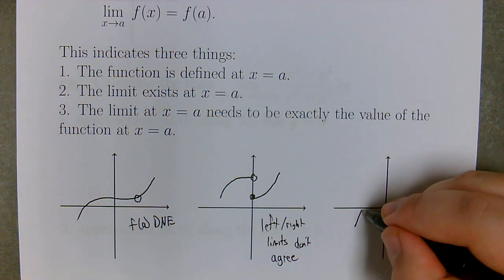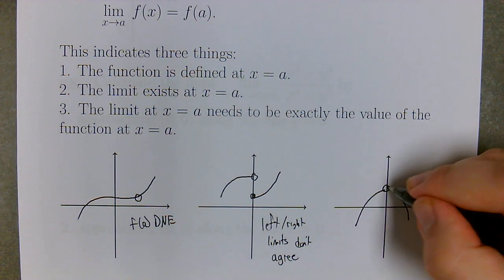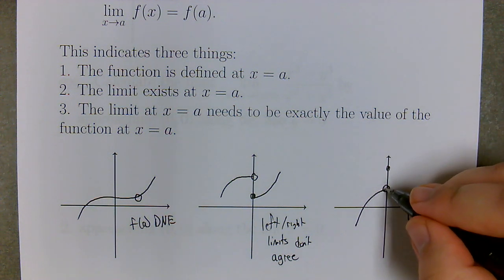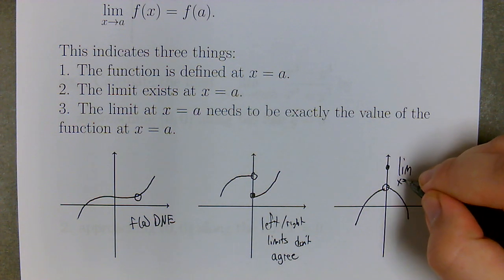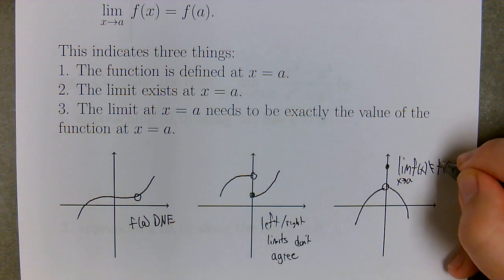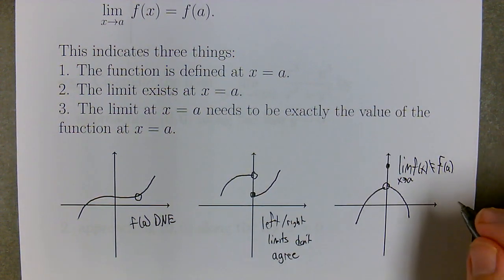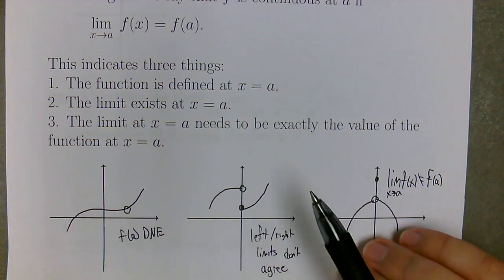And then finally, we could have the limits matching up, and we could have our function being defined, but the limit value, which would be down here, is not the same as the function value. So this would be another case of discontinuity. Even though both sides exist, they must not only exist, but agree with each other as well. So these are roughly the three different ways that we could be discontinuous. And this extends to multivariable calculus as well, only there will be many more versions of left and right than just two, as we'll see here in a moment.